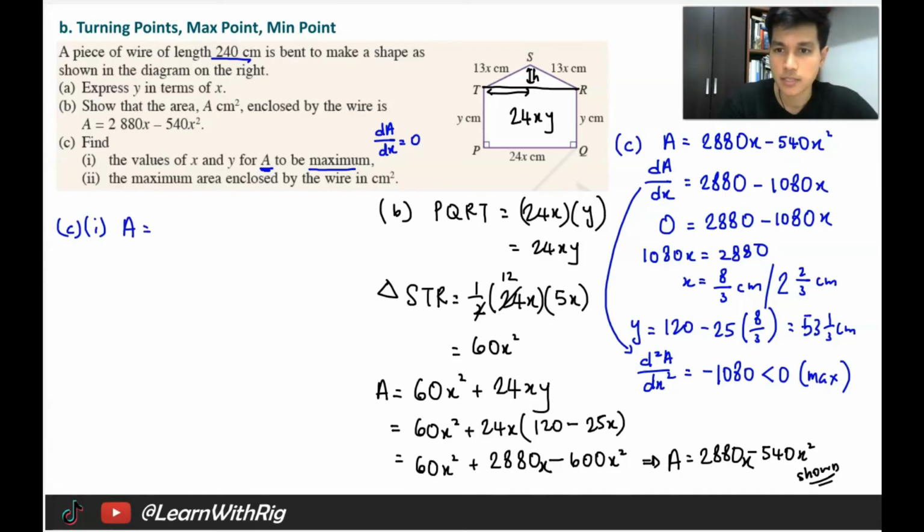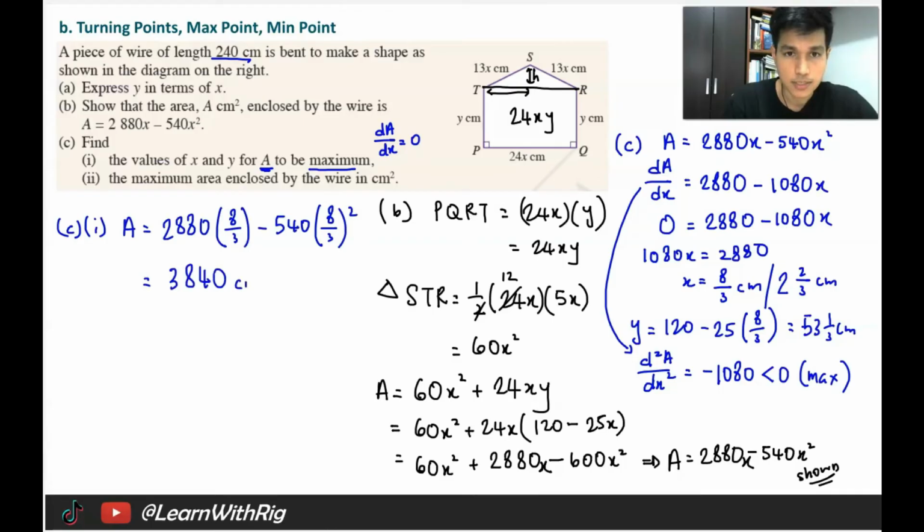You already know the x value for maximum area is this one here, so you can just substitute. 2880 times 8/3, minus 540 times 8/3 square. You calculate this, you should get 3840 cm square. So this should be your answer.